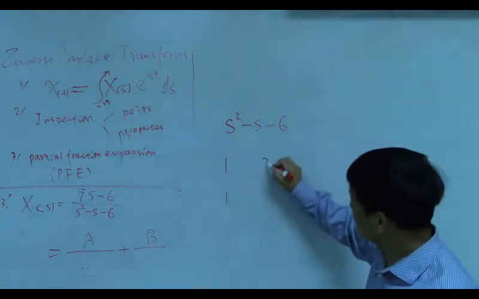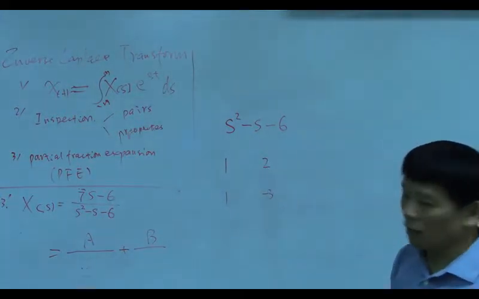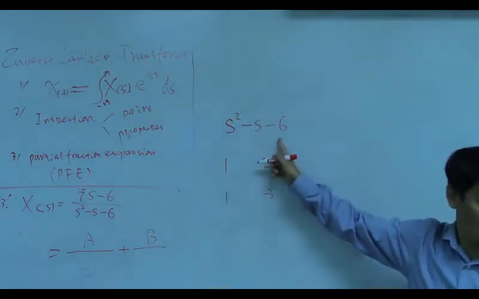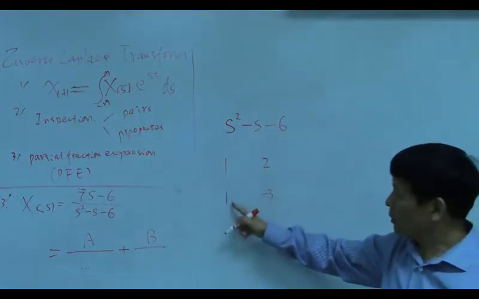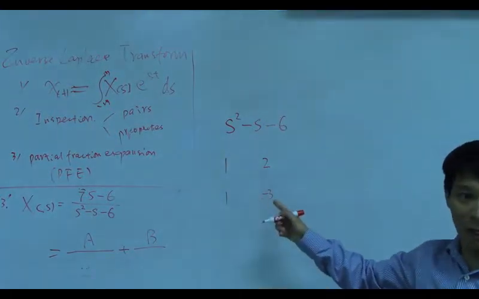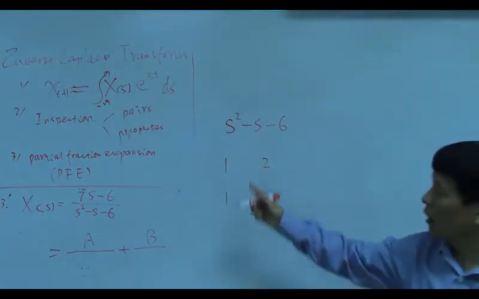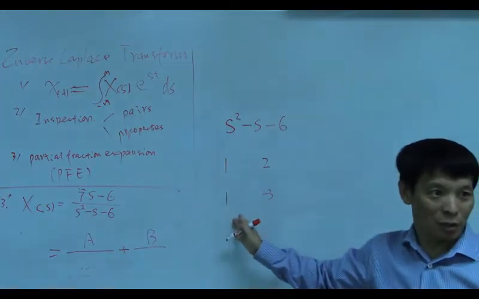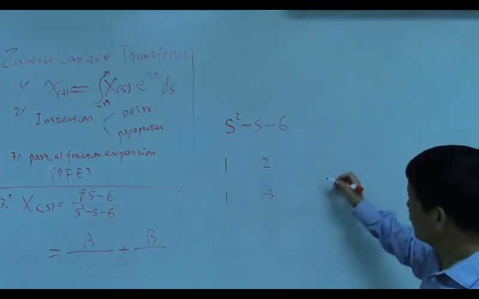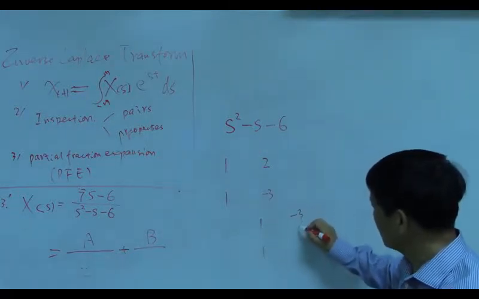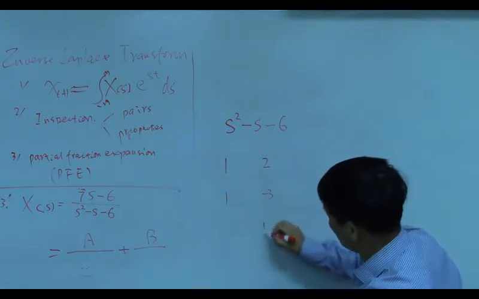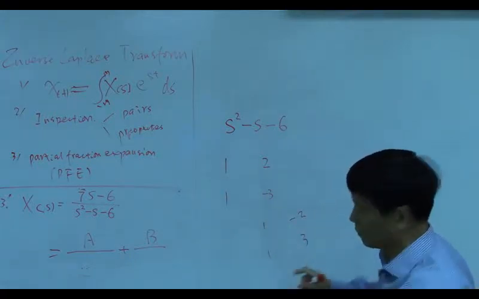The next one is 2 and negative 3. 2 times negative 3 equals negative 6. The cross product, this one times this equals 2, this one times this equals negative 3, added together equals negative 1. So this is good. Another way you want to try is 1, 1, negative 3 and 2, that's the same thing. Others is 1, 1, negative 2 and 3.